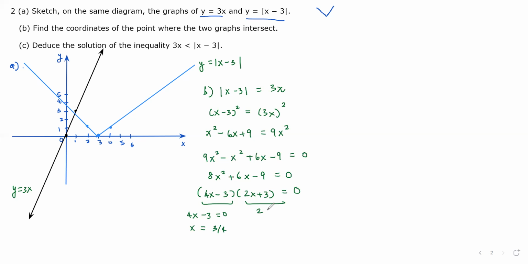And we set 2x plus 3 equals 0, x equals negative 3 over 2. Now, clearly, this is not possible because they do not intersect. To the left of the y-axis, x equals negative 3 over 2 is somewhere here. They only intersect at this point where x is 3 over 4.